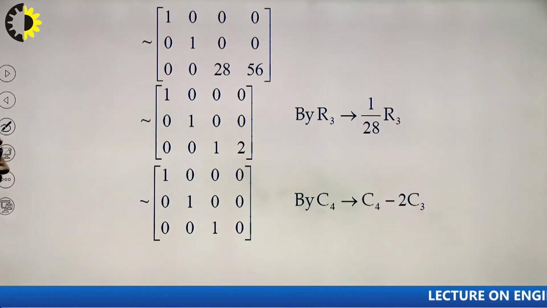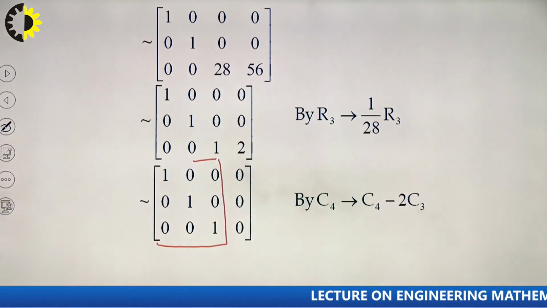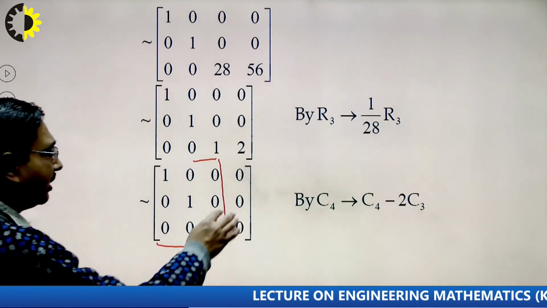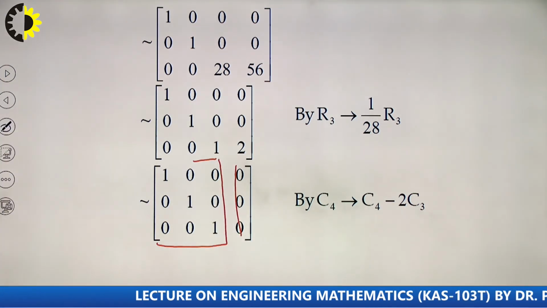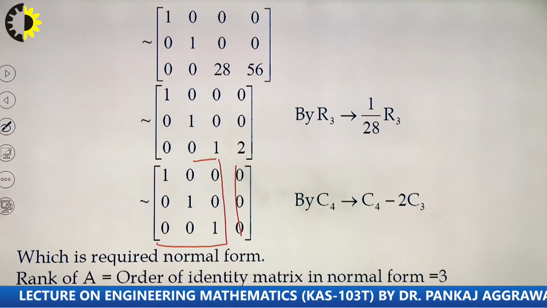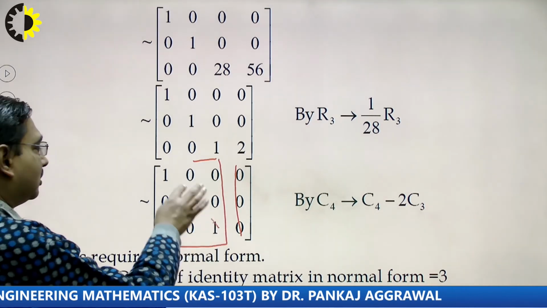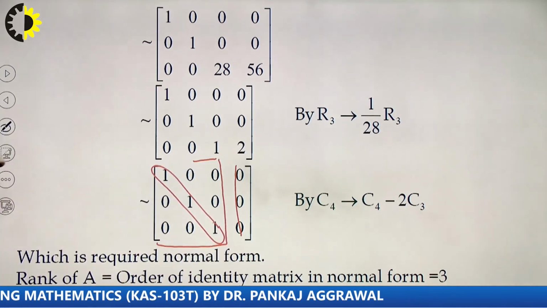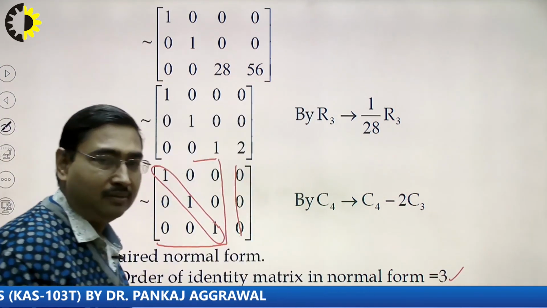Here I observe that the left part of the matrix is the identity matrix, and on the right of the matrix the remaining elements are 0. So, the matrix is in normal form. Rank of the matrix is nothing but the order of the identity matrix in normal form, and because this identity matrix is of order 3, the rank of the matrix is also 3.